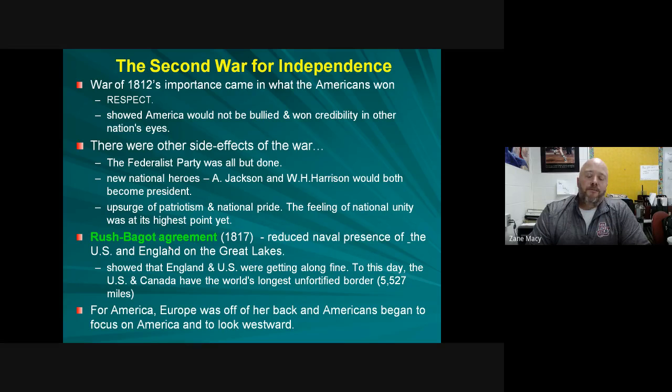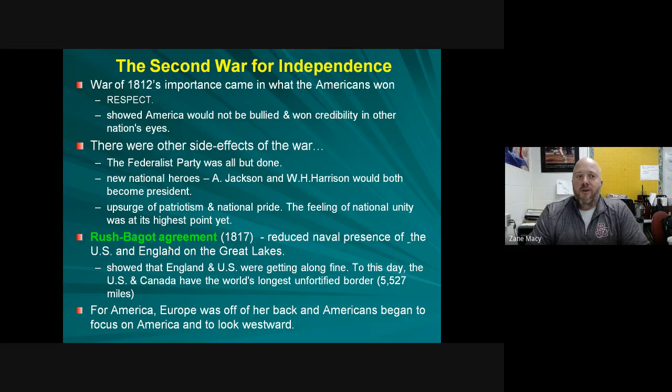For America, this had sent a message to the rest of the countries of Europe. They're not really going to test us, be it the English, the French, or the Spanish.